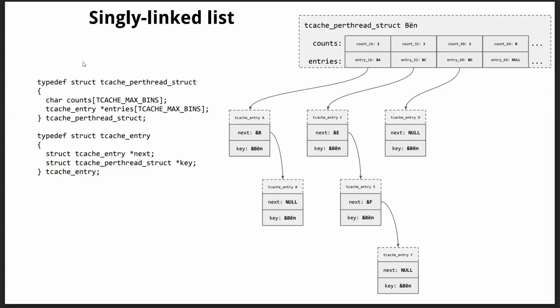The first count here stores how many available malloc chunks with size 16 bytes there are. Entry is the pointer to the first chunk. The second one stores how many malloc chunks with the size of 32 bytes there are. 32 here is actually the buffer size, which doesn't include the metadata. And the entry is a pointer that points to the first chunk.